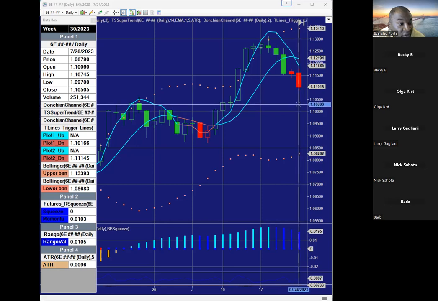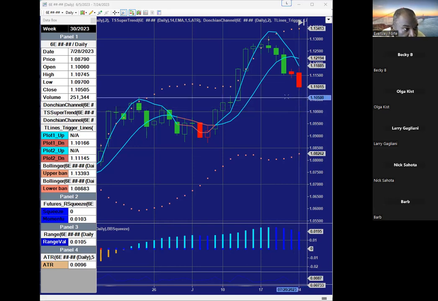All right, so we're going to set up an order to sell 4 contracts: sell stop, not sell at market, not sell limit, sell stop. That's going to be one of the order types on your platform.